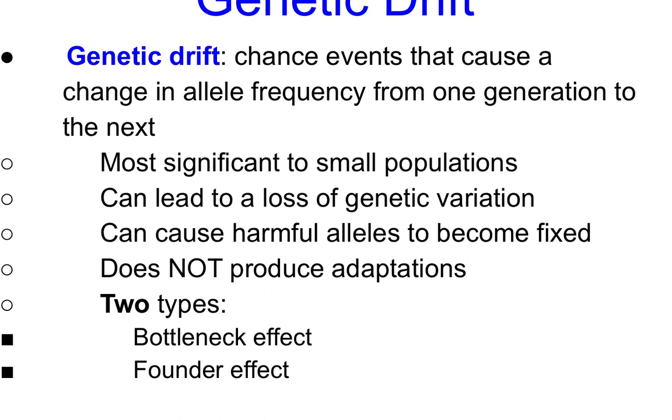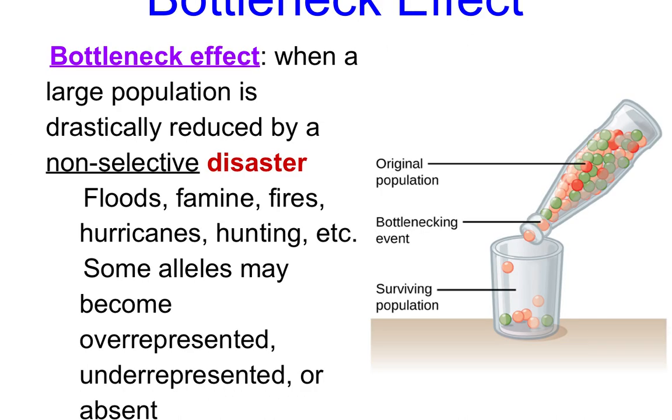These are things like the bottleneck effect or the founder effect. But it's some sort of random chance that has occurred and has devastated or removed a significant amount of the population. A bottleneck is when a large population is drastically reduced. This is like a non-selective disaster, like a fire or a famine or a hurricane.